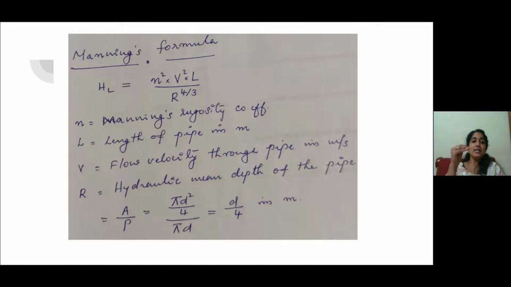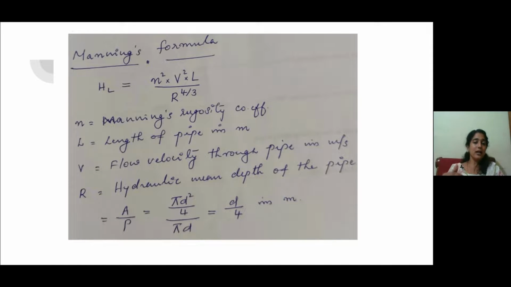For converting this particular head loss equation to K into QA raised to X, you have to convert the velocity into Q by A. Then R is the hydraulic mean depth of the pipe, that is A by P, that is pi d square divided by 4 divided by pi d, that is d by 4 in meter. This is the Manning's formula.